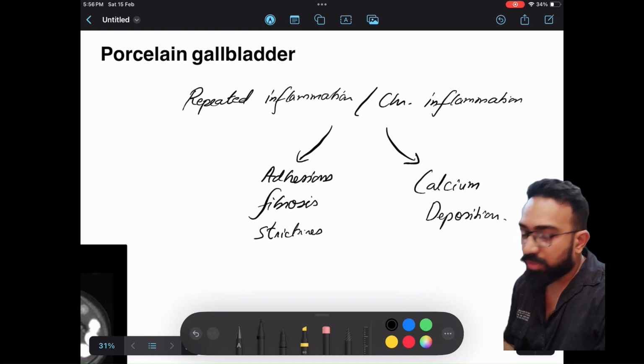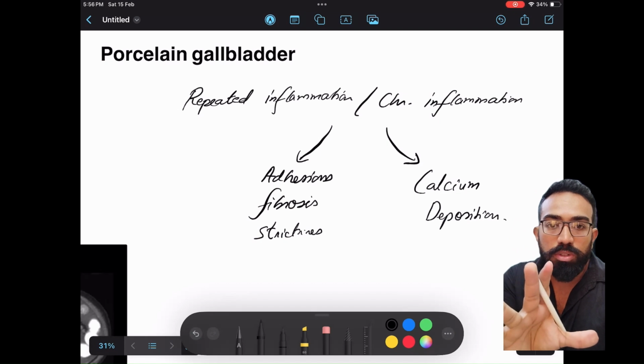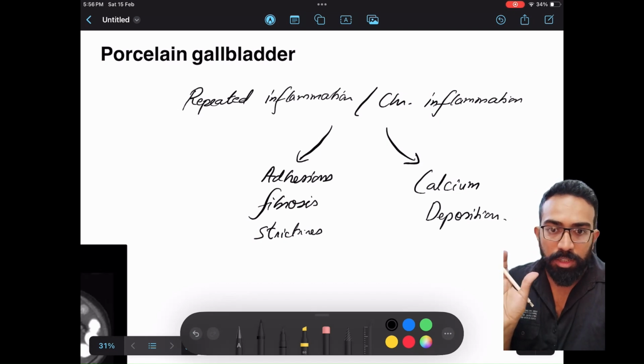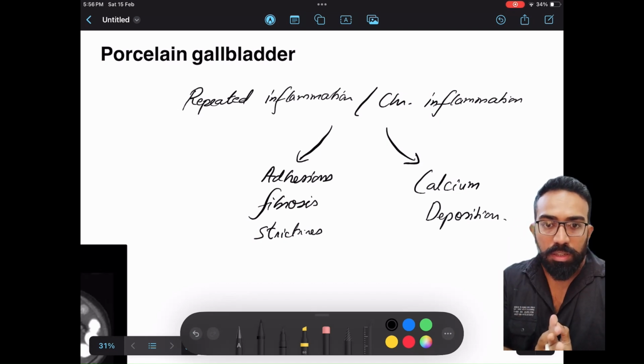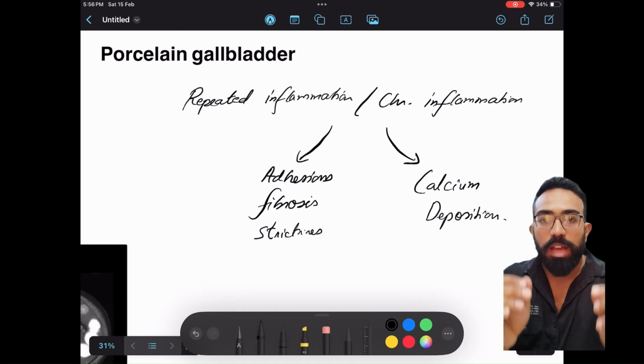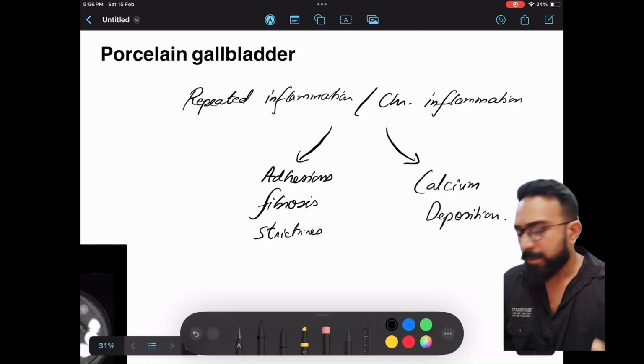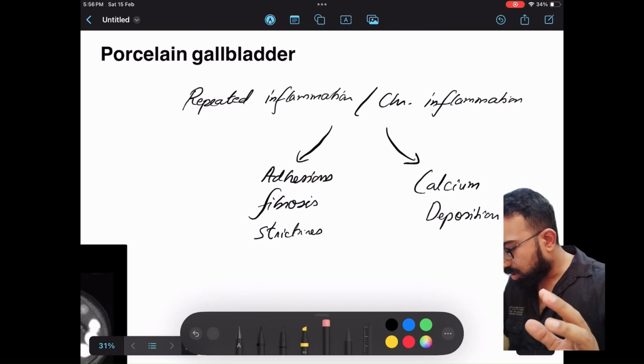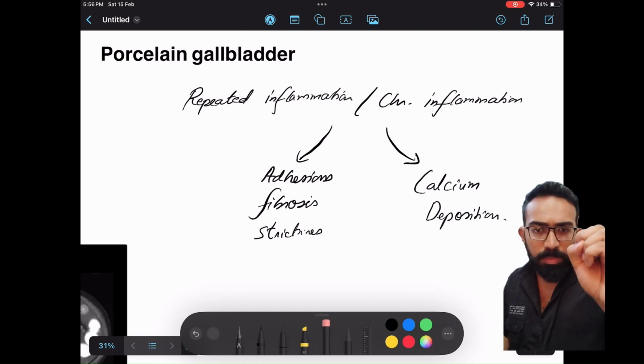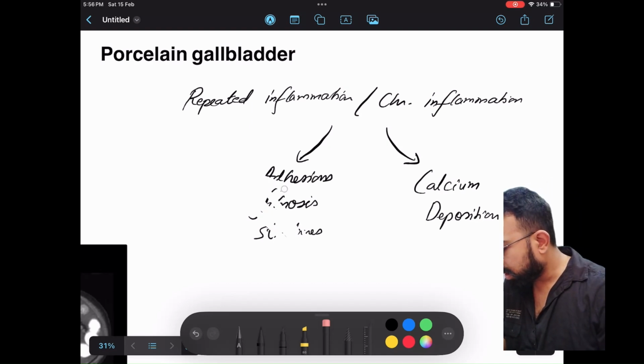If the body cannot fix something, it will put lots of cement around it to stop it. What is the cement of the body? Calcium is the cement of the body. I want the students to remember that if the body cannot find a way to heal something, it will put calcium around it over a period of time.